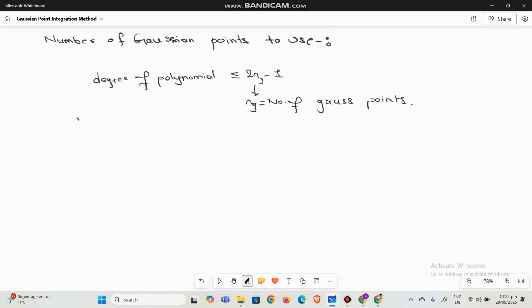So let's say, for example, we have a function f(x) = 2x squared + 3x - 1. Now what is the degree of polynomial? The degree of polynomial is 2.